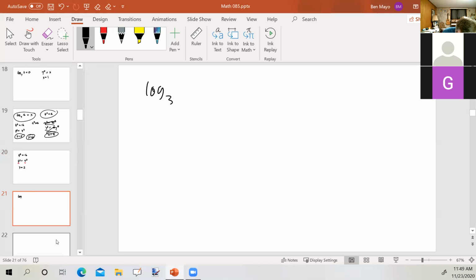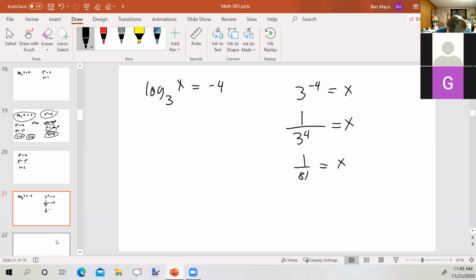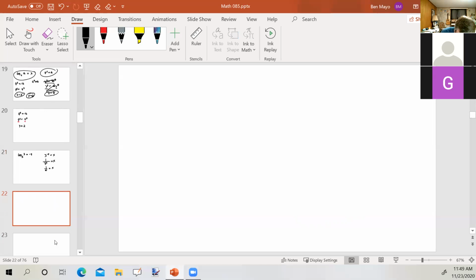Log base 3 of x equals -4. So then 3 to the -4th power equals x, changing it into an exponential equation. Isn't that just 1 over 3 to the 4th, which is 1 over 81? Okay with that? Yeah.